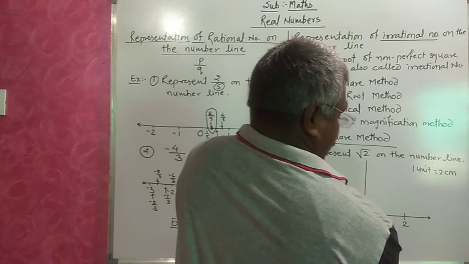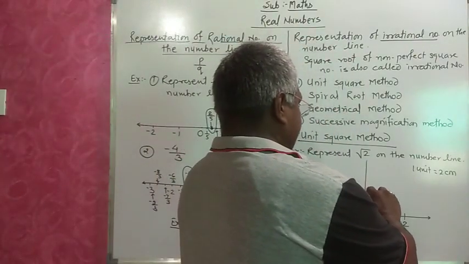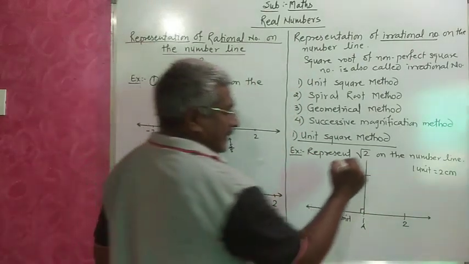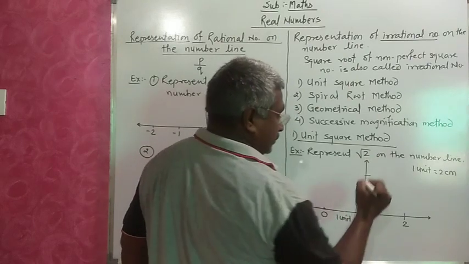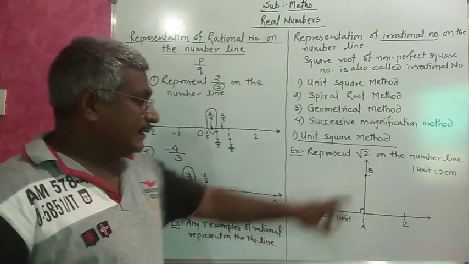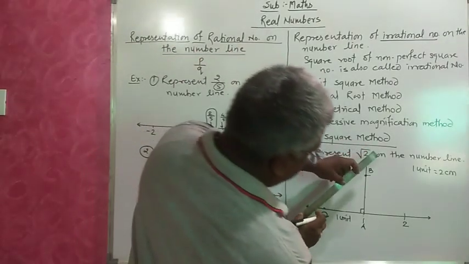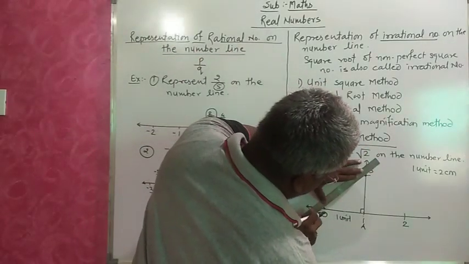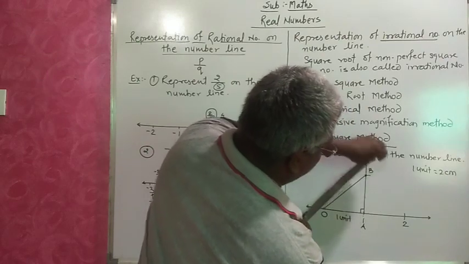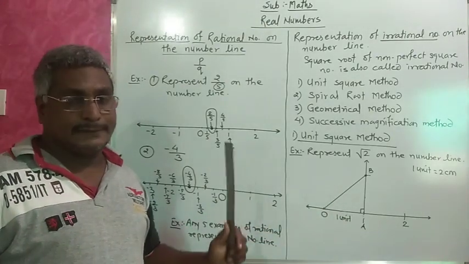See here, do it with me, otherwise you will forget. This 1 unit I took, keep at A, draw this. So the arc we marked here, this point is B. Join B to O. What type of triangle is formed? Right angle triangle.